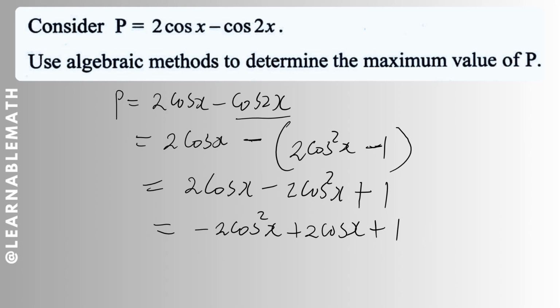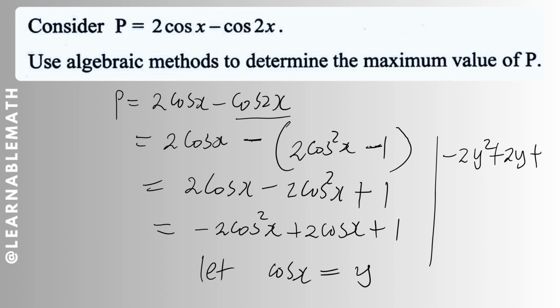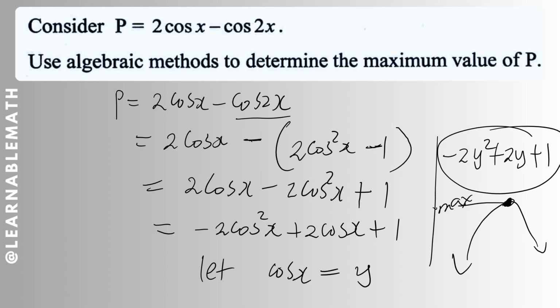If I let cos x be y, it will convert into minus 2y squared plus 2y plus 1, giving you a quadratic or parabolic function, obviously with a maximum shape, where at the turning point we do know that will be the maximum of that function.